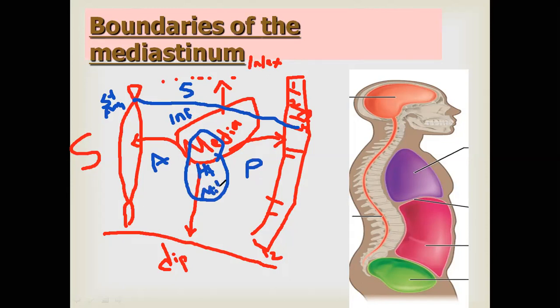Again, the inferior mediastinum is divided into three parts: anterior, middle, and posterior mediastinum.